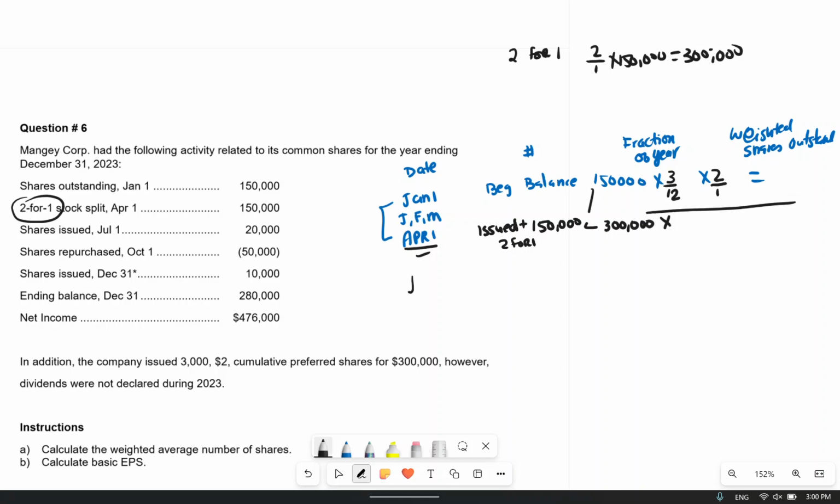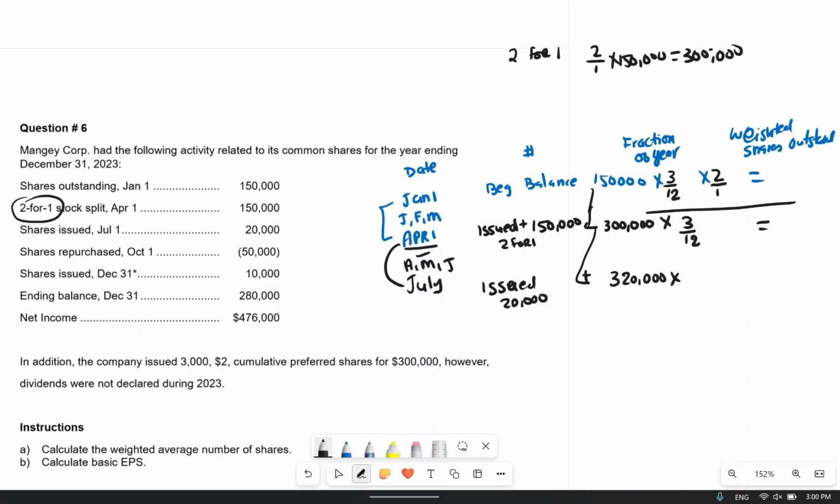Then my next date is July, and what we did is we issued 20,000 shares. If you issue, we add it. That is your 320,000. We want to know how long they were outstanding: April, May, and June, 3 over 12.